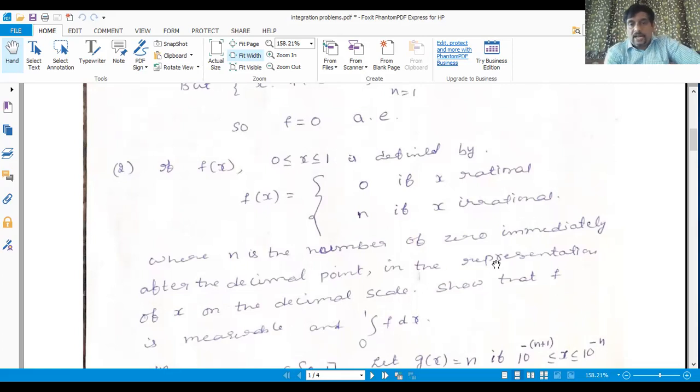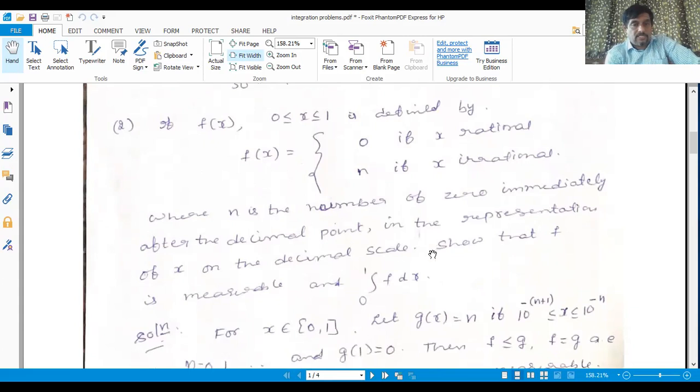Decimal points will arise from 0 immediately. The representation of x on the decimal scale shows that f is measurable, and also evaluate the integral from 0 to 1 of f dx.